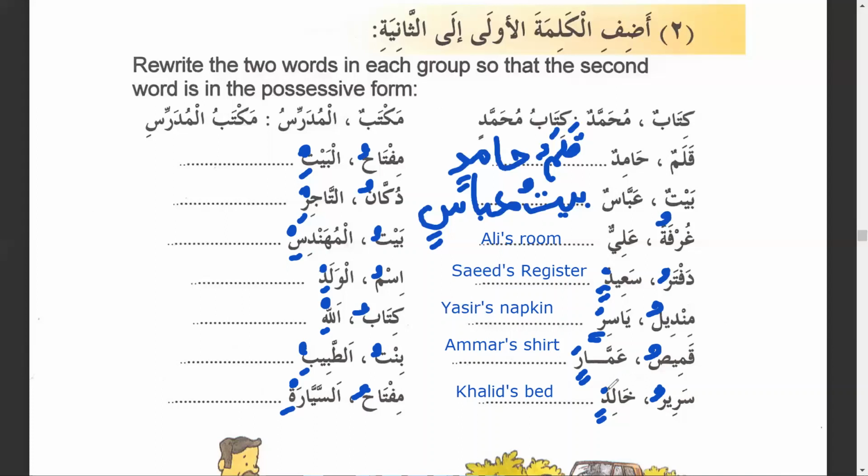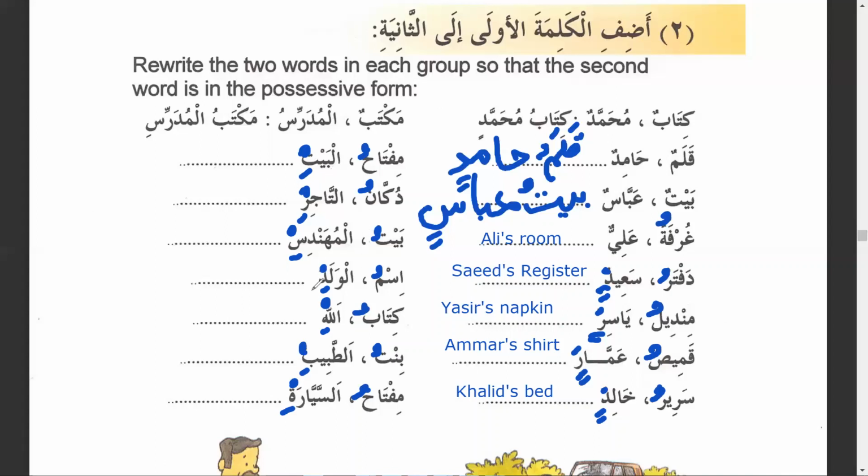Remember, all male names take tanween, whether un, an or in. Got it? Over here we have al, and whenever al comes with a common noun, the tanween goes away and it becomes a proper noun. Baitun is a common noun, but when al comes, it becomes the house. Are you getting the point?